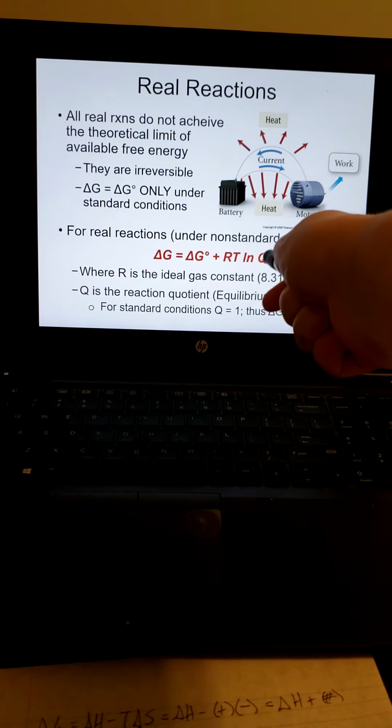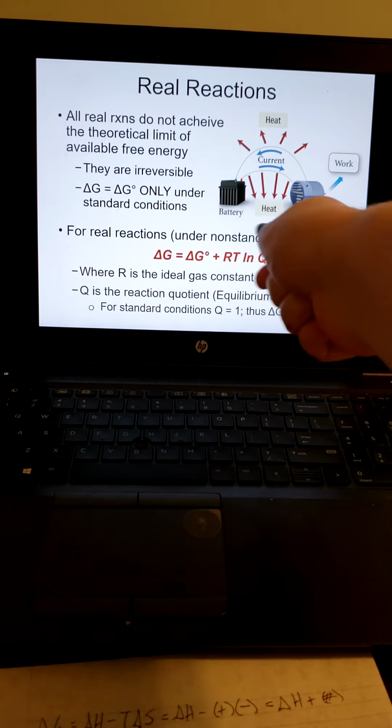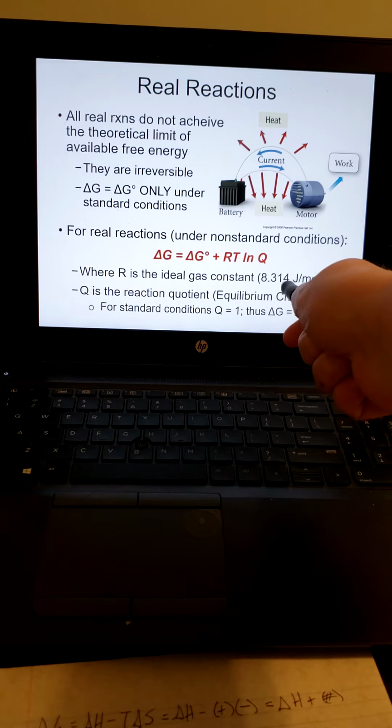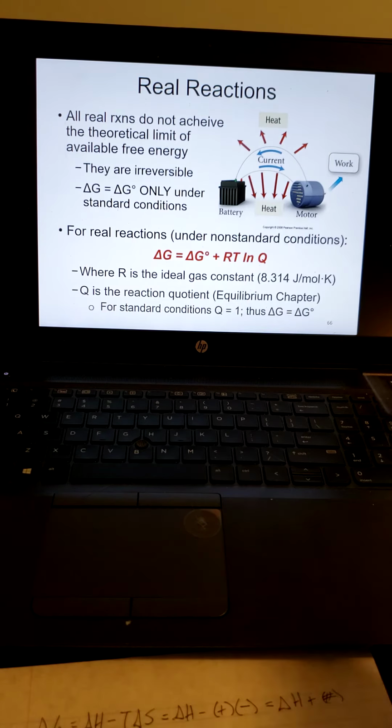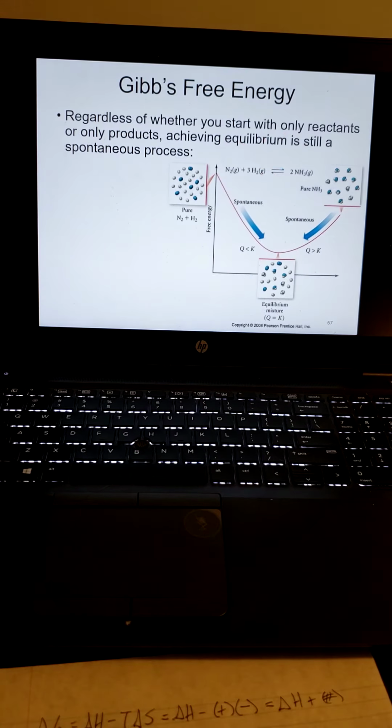And when you take the natural log of 1, you get 0, which makes all of this become 0. All right, so delta G only equals delta G naught when we are at standard conditions, which means Q would be 1. But if Q is not 1, then they are not the same, and you need to use that equation to relate the two to one another, right?